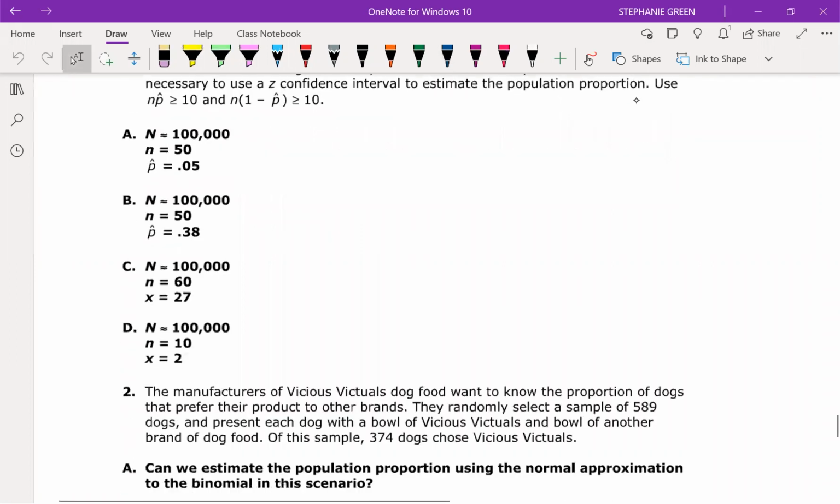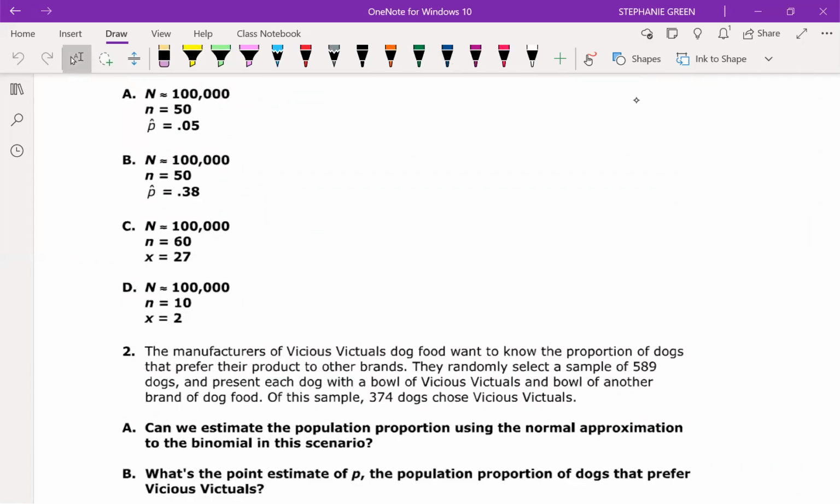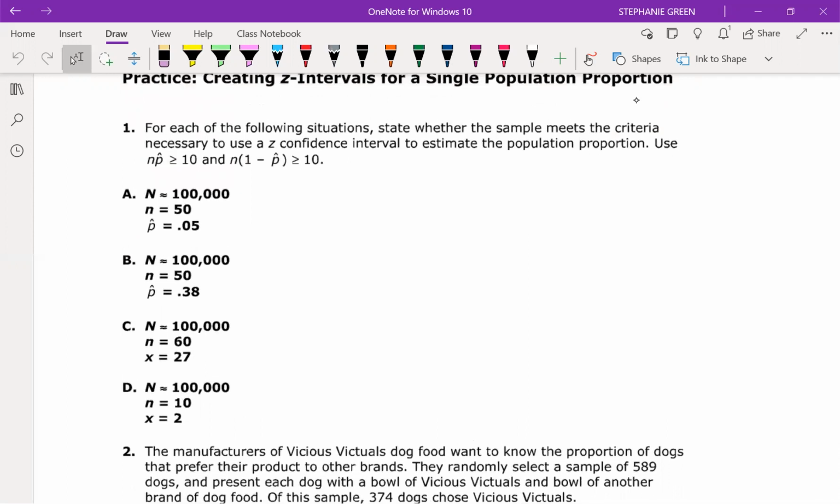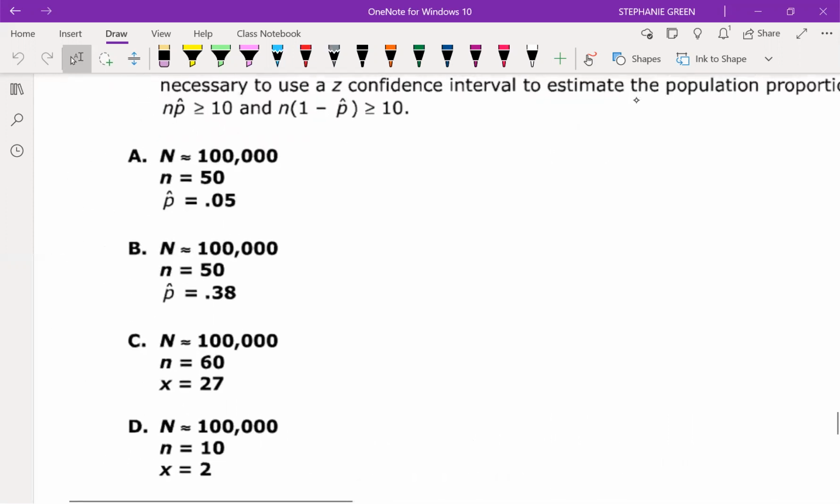It's giving you some examples of population sizes, sample sizes, and sample proportions, and asking us to determine if this meets the criteria to be able to use normal approximation in a binomial setting in order to do our z confidence interval.